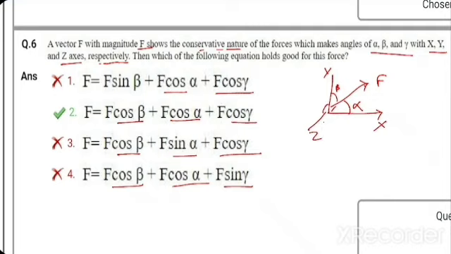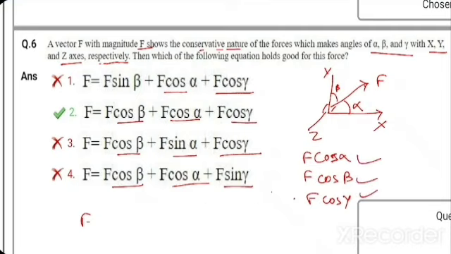If we find the components, for the x axis it is F cos alpha, for the y axis F cos beta, and for the z axis F cos gamma. And here the force is the resultant of all its axis components. So if we go through the options, then option 2 is our correct answer.